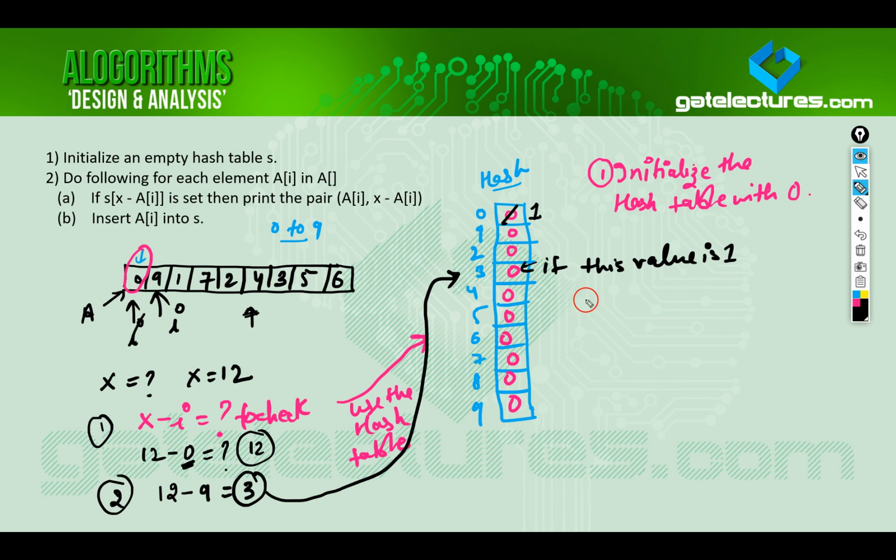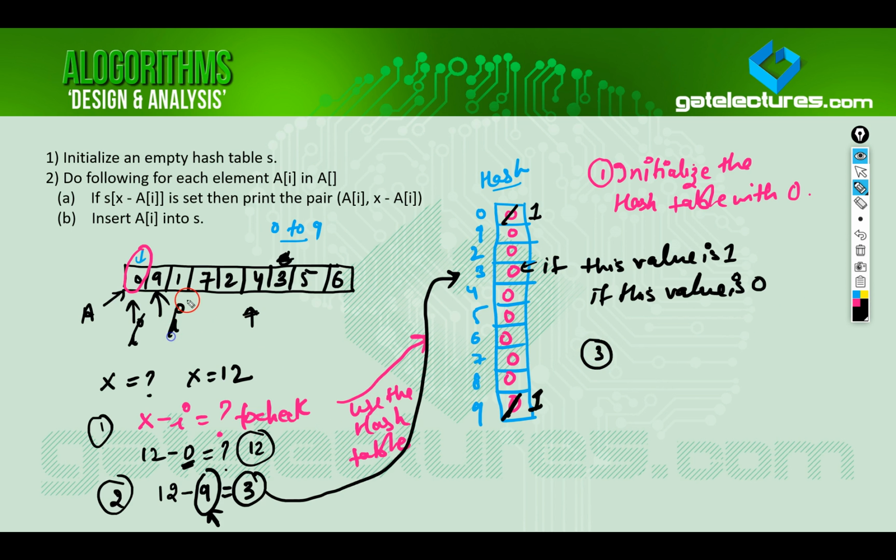If this value is 0, that means 3 does not exist inside this array. Initially I don't know whether 3 exists or not, so I'm just going to assume that it does not exist. Because we knew that 9 existed, at location 9 we are going to put 1. See how I'm going to make it easy and efficient.